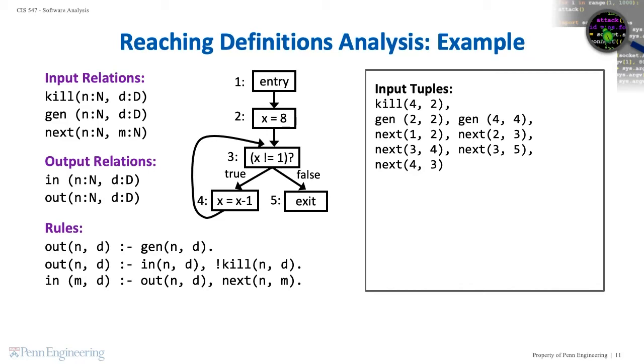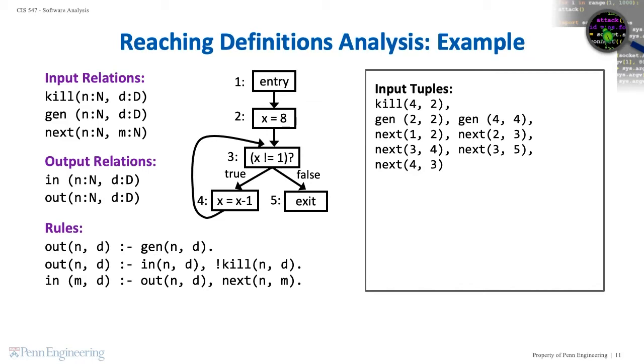The kill relation is a bit more difficult to compute. A definition d is in the kill set of a program point n if there is a definition other than d generated at n and there is a directed path from the point where d is generated to n.